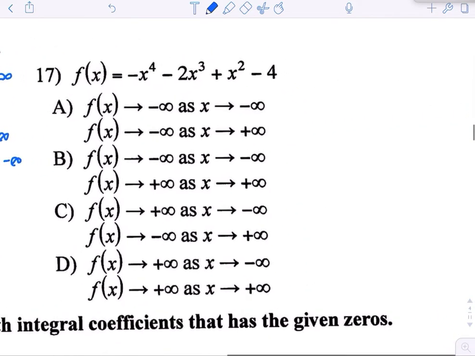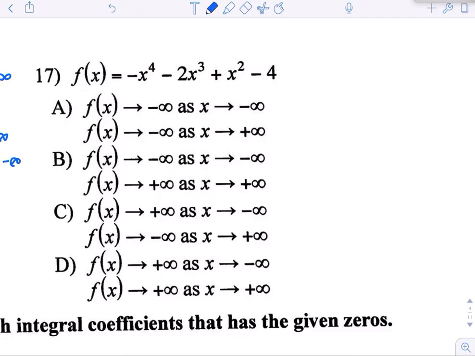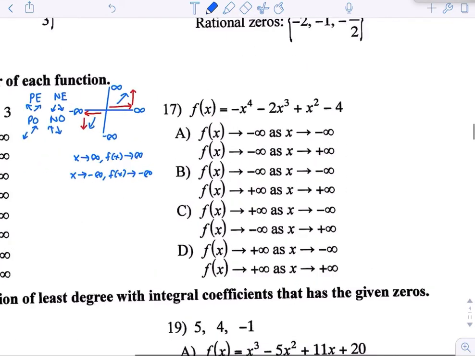We'll do the same thing over here. So if you look at your end behaviors, it's negative and it's an even. So that's down and down. So if you made this chart, this is infinity, positive infinity, negative infinity, negative infinity. So since it's down, down, it looks like this, right?